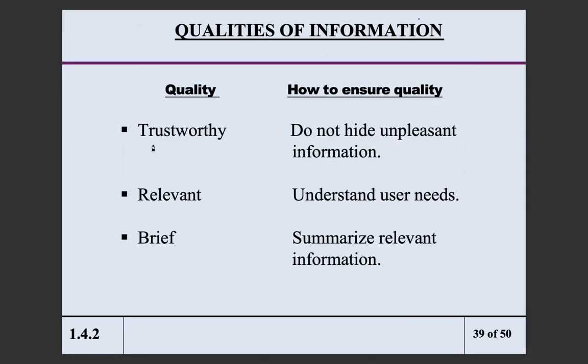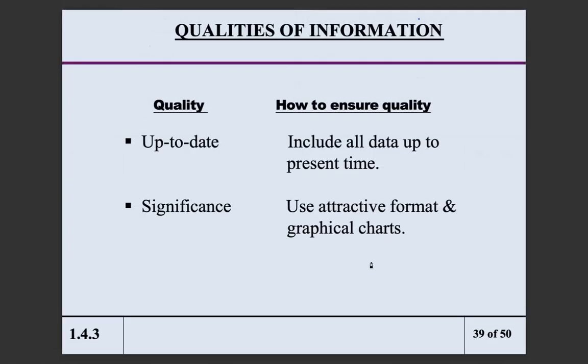And not only that, we have to follow trustworthiness, relevance, and brief information as well. For trustworthiness, we should not hide unpleasant information. For the relevant ones, we have to understand user needs as well. For the brief quality, we have to summarize this relevant information as well.